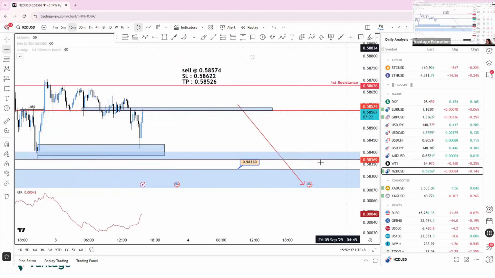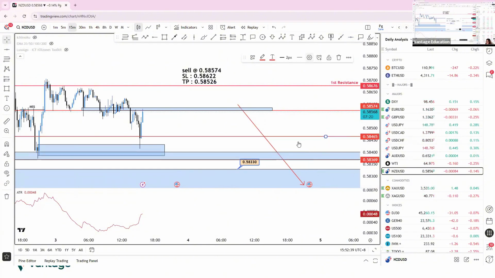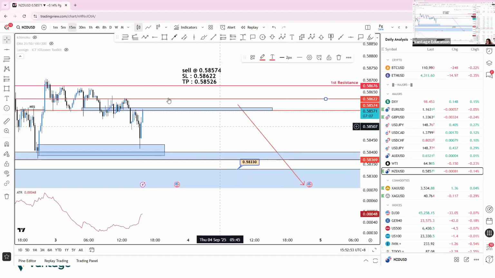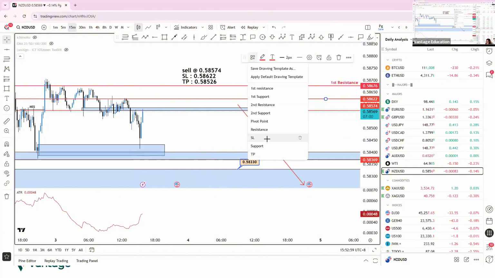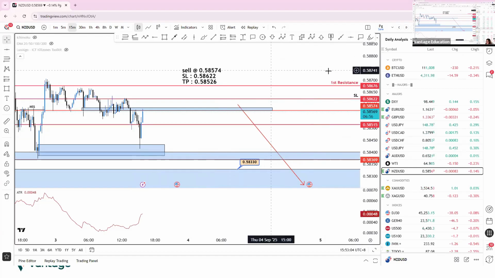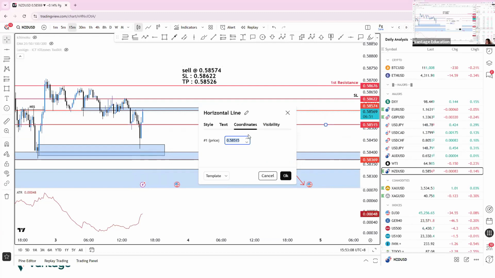Let's just put the stop loss at 0.5862. This is going to be my stop loss for the sell entry. If I sell now, this will be my take profit.